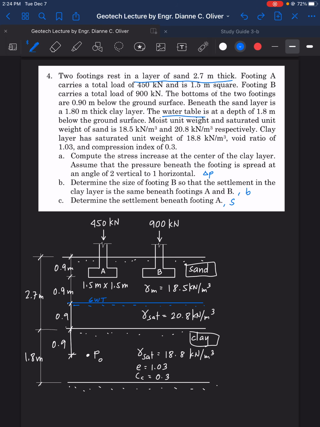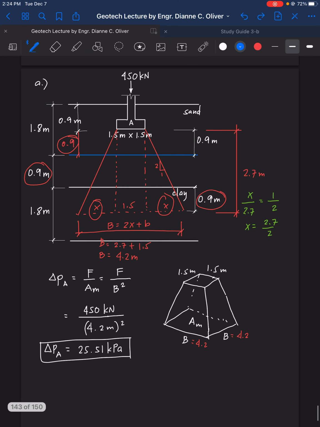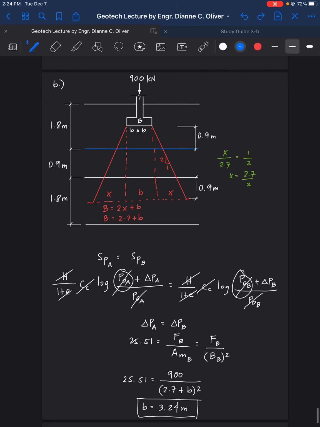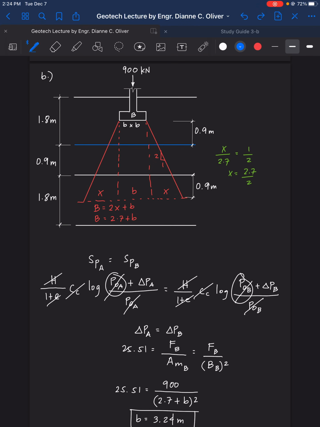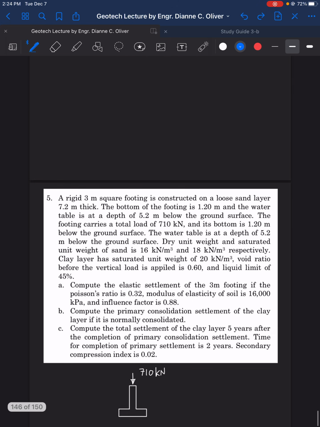Okay, so the key here is comprehension. Okay, let's go to the last problem, number 5.